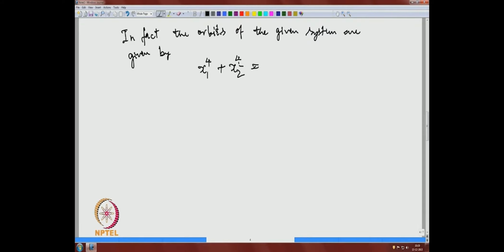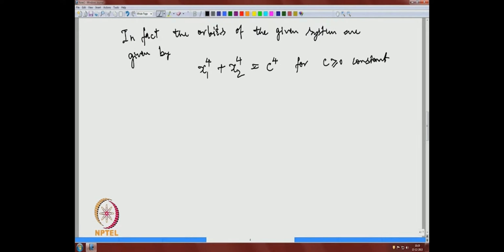Since these are both positive, that constant also is positive, so let me write it as C^4 for C bigger than or equal to 0. Of course, when C is equal to 0, we get the equilibrium point (0, 0). When C is positive, we get these orbits. So, orbits satisfy this equation.